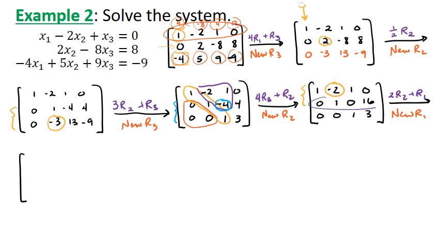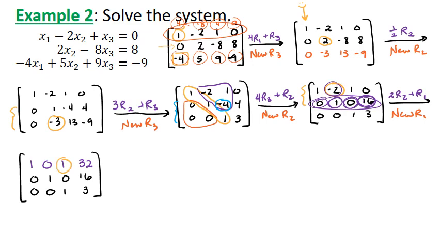When I multiply row 2 by 2, I have 0 plus 1, which is 1. 2 plus a negative 2 is 0. 0 plus 1 is 1. 32 plus 0 is 32. Rows 2 and 3 are the same. We are oh so close.